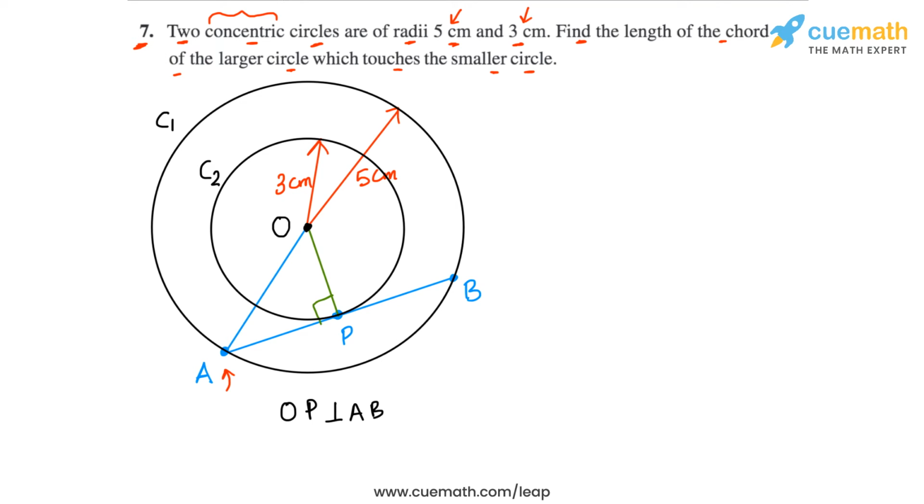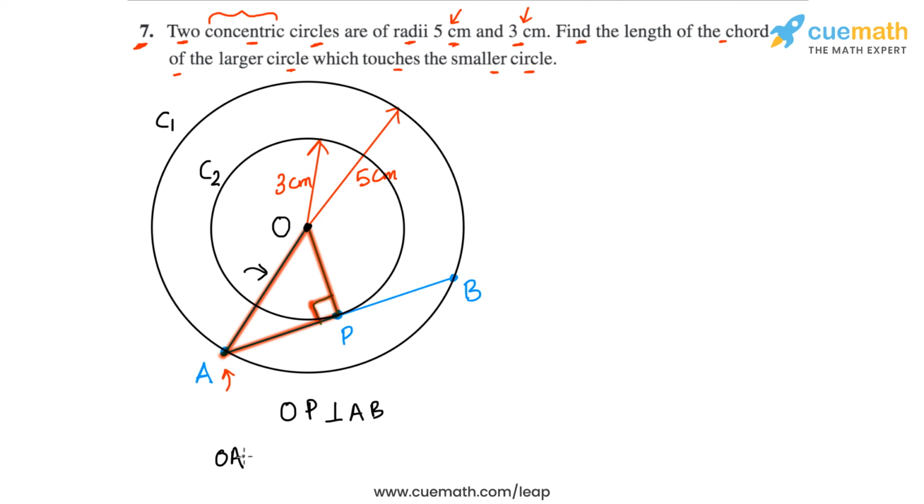We are going to consider the right angled triangle OAP. I'm going to highlight the triangle OAP. This is a right angled triangle because we just observed that OP and AB are perpendicular. In this right angled triangle, we have the hypotenuse OA, because OA is simply the radius of the outer circle C1.